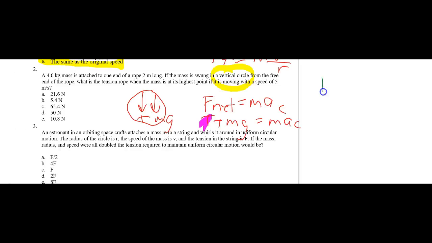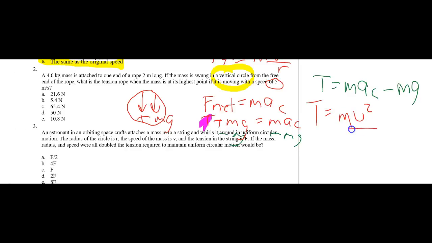So I could solve for T, and T equals m a c, but then I would subtract mg from both sides, so this is minus mg. So now I believe I can plug numbers in. So I know the mass. Whoops, I forgot. It asks for a velocity, so I've got to keep going. Tension equals m times v squared over r minus mg.